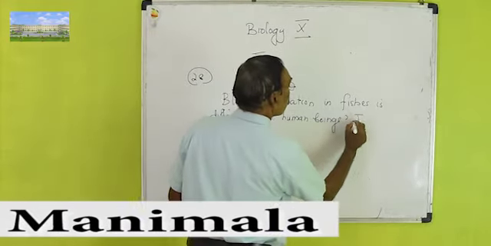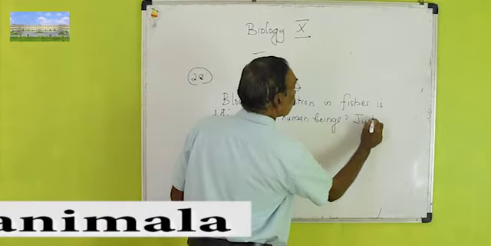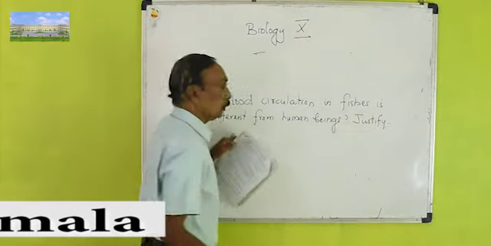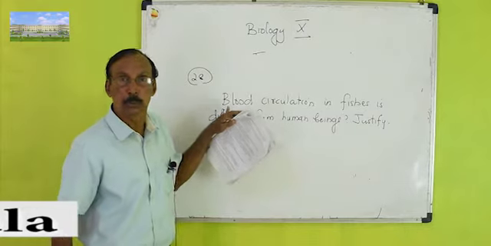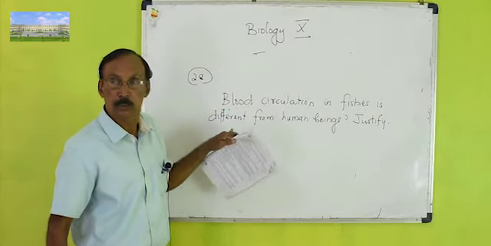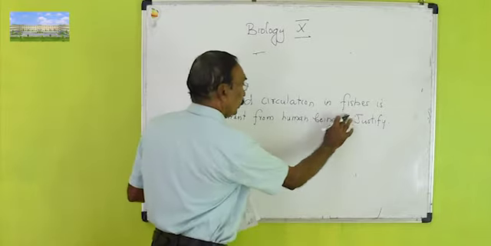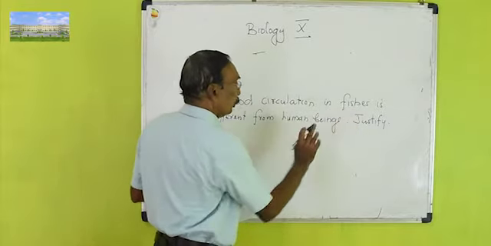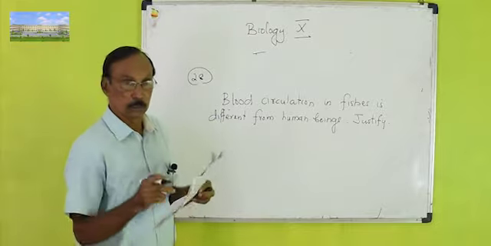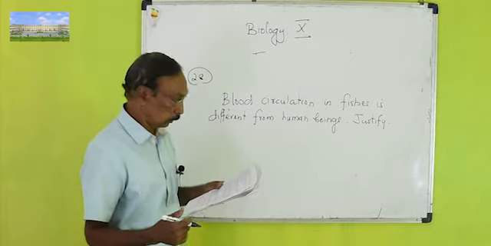Justify. So, blood circulation in human beings and fish are different, and you have to justify this statement. If it is correct, you have to explain that.